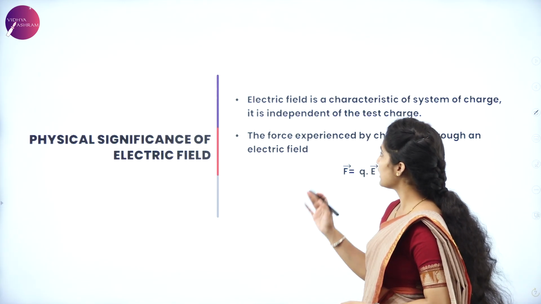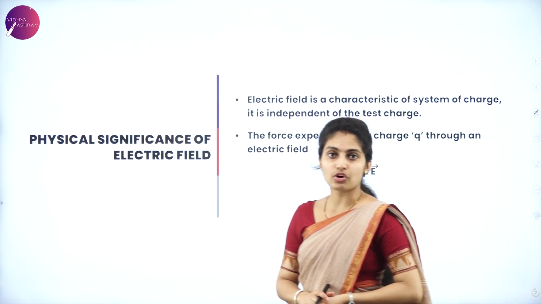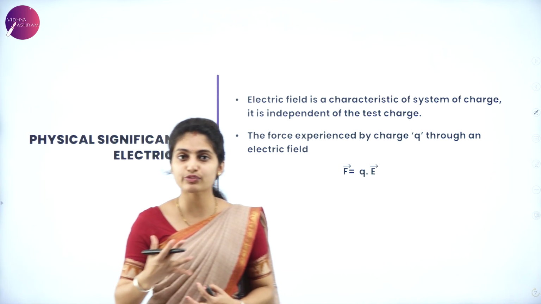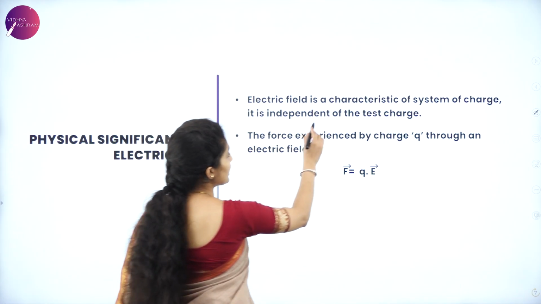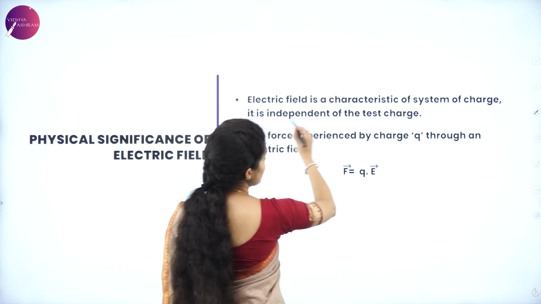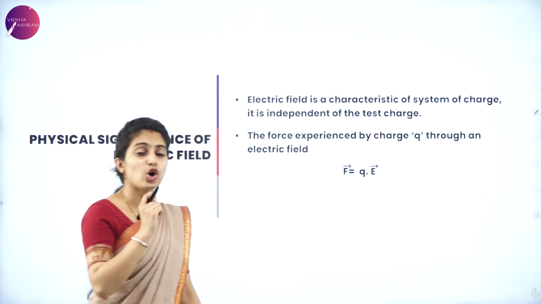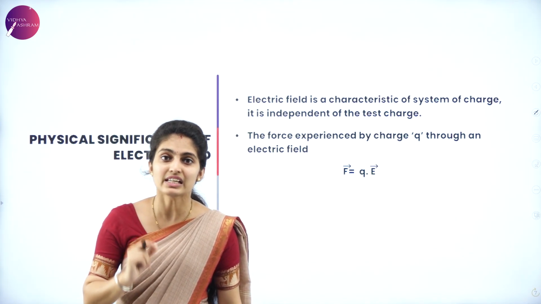Okay, so now we have the physical significance of electric field. So what is the physical significance? Electric field is a characteristic of the system of charges and it is always independent of the test charge.